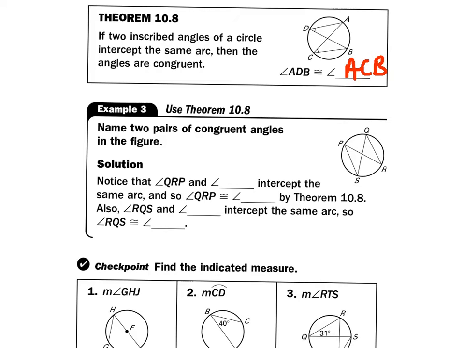We won't actually write this, but P is congruent to Q, and then S is congruent to R. Notice that P and S don't have to be the same measure. S and R have to be congruent, but not all four have to be the same. Go ahead and do the checkpoint at the bottom and start the video again when you're done.